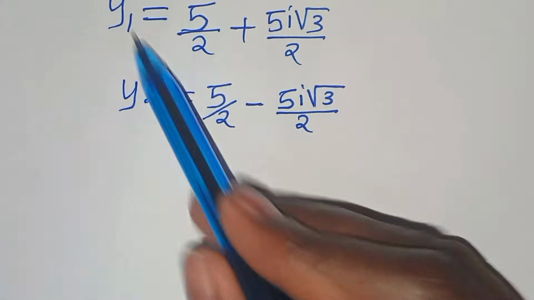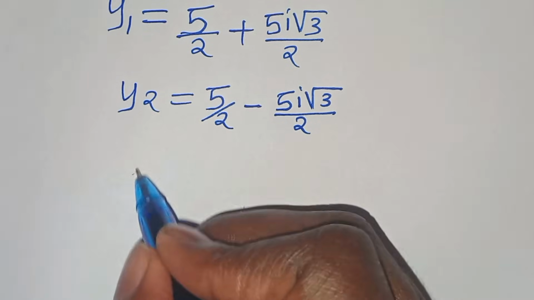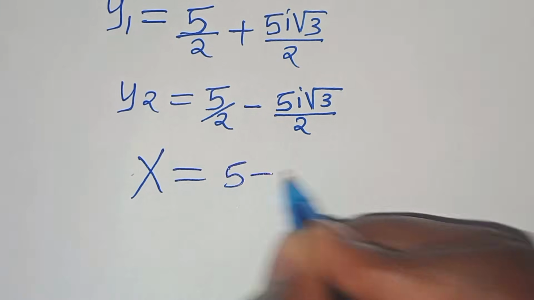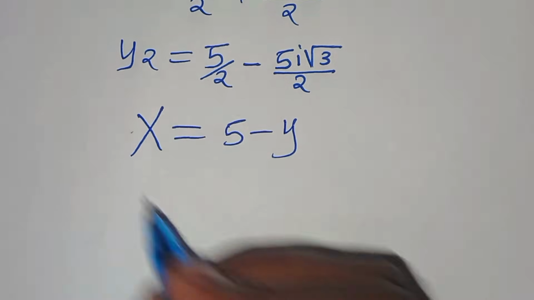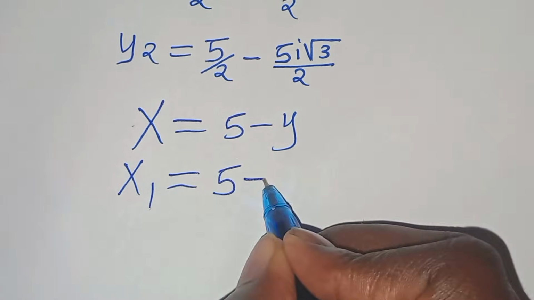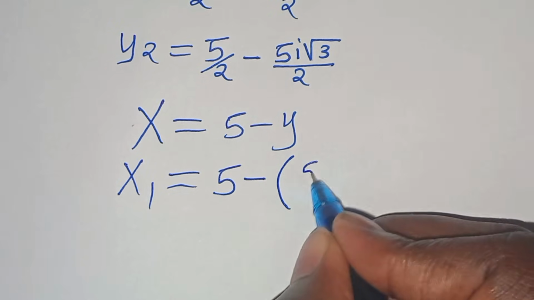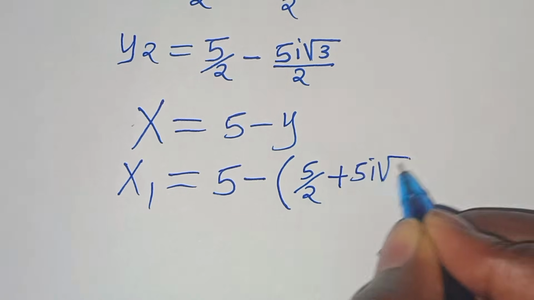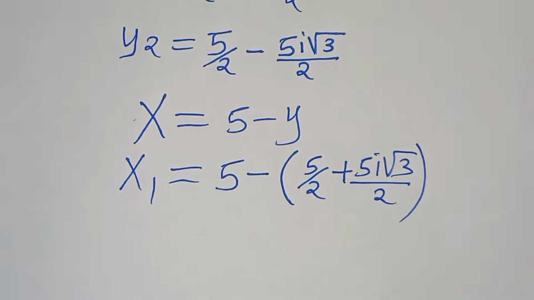Now we have y1 and y2. Let's solve for x. Remember, x is equal to 5 minus y. So we have that x1 is equal to 5 minus y1, which is 5 over 2 plus 5i square root of 3 over 2.